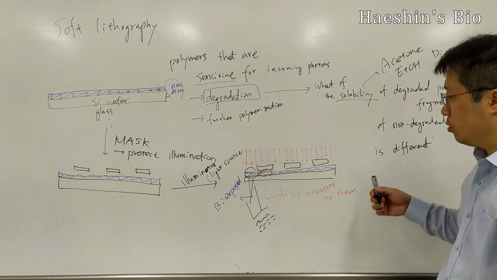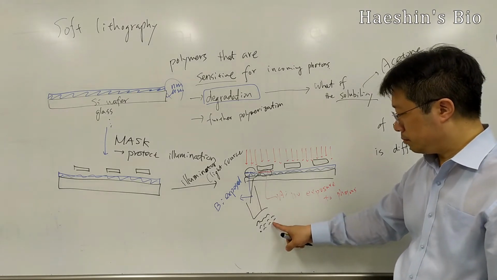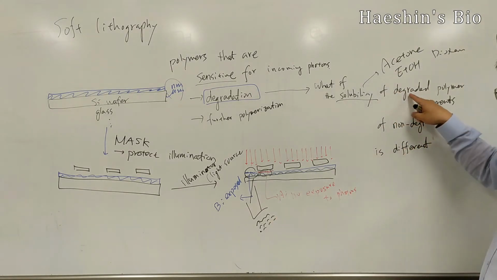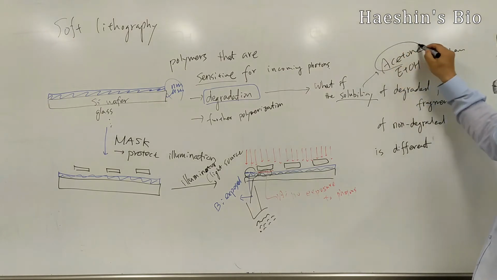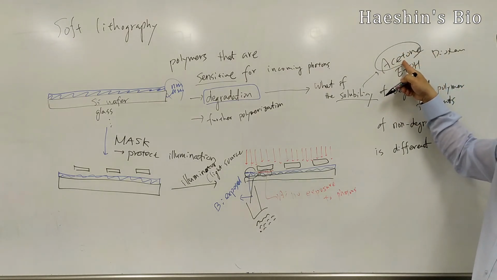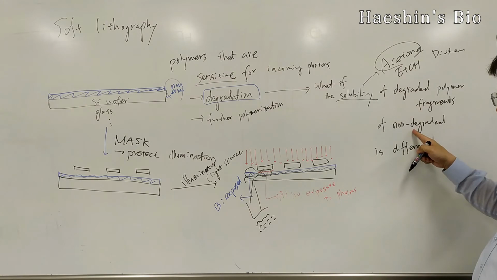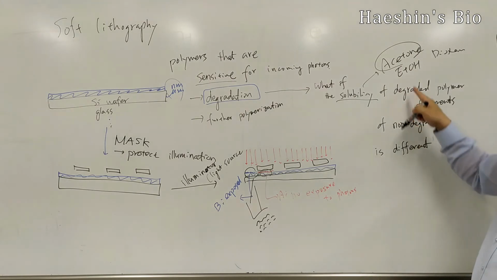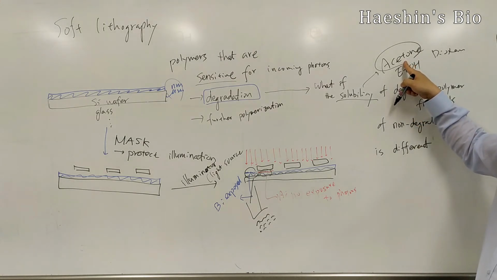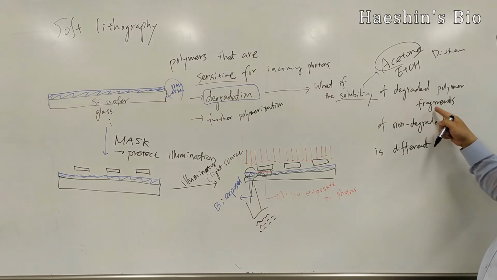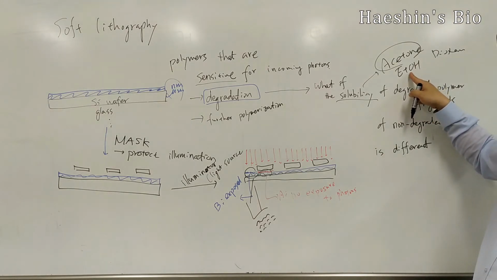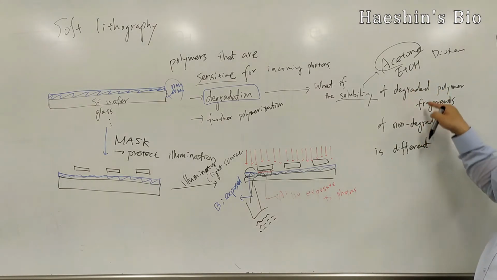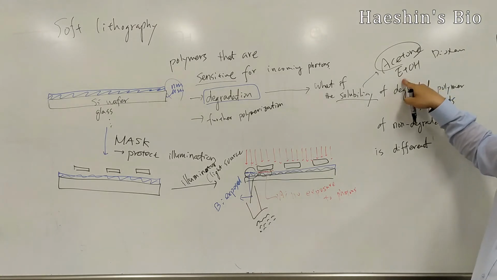For example, the degraded fragment is soluble in acetone, but the non-degraded polymer is not soluble in acetone. Or differently, the degraded part is solubilized in ethanol, but the non-degraded polymer is not solubilized in ethanol.